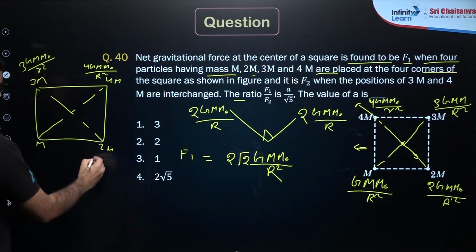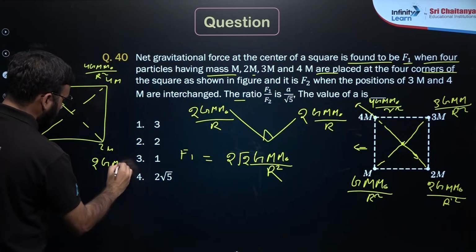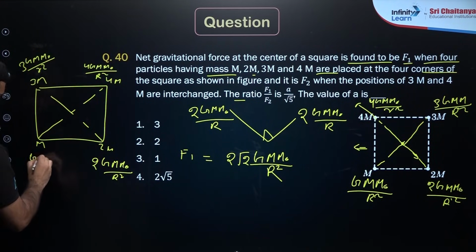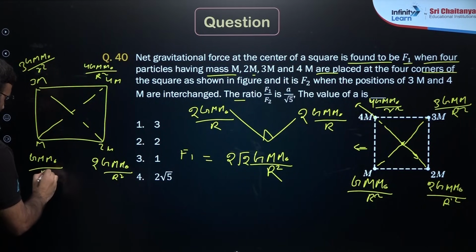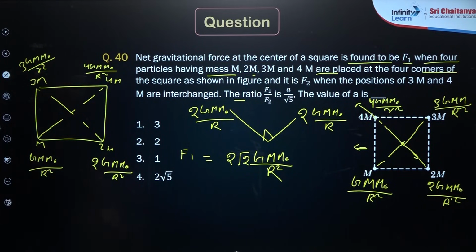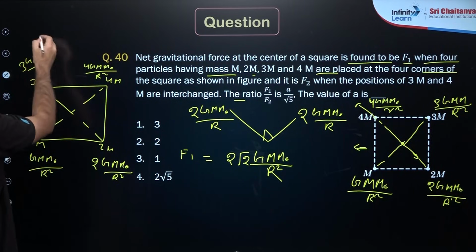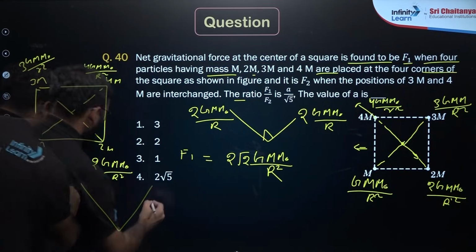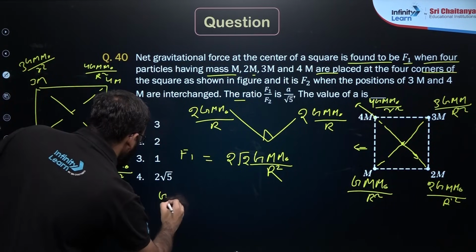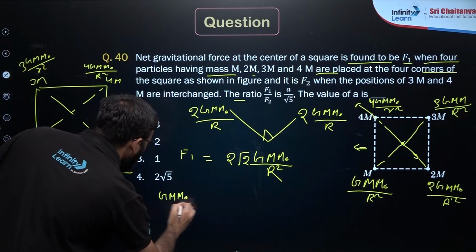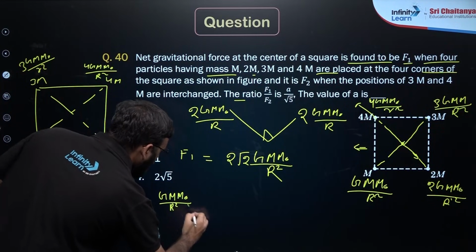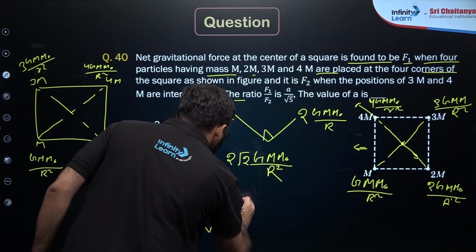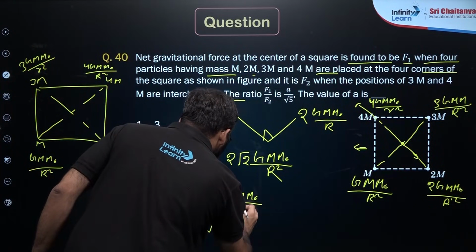Okay beta, and this is 2GMm0 upon r square, and this is GMm0 upon r square. Okay beta. So here you can again get 3 minus 1. So the resultant of this one is 2GMm0 upon r square, with this one 4 minus 3 GMm0 upon r square.